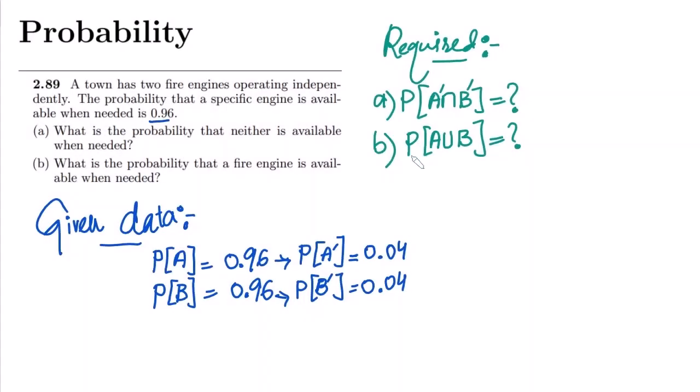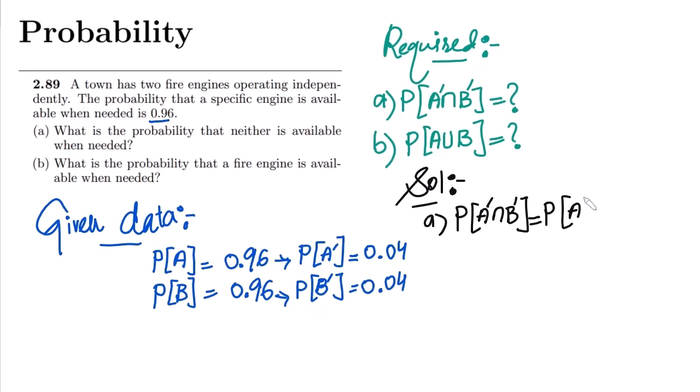So this is what is required in part B. Okay, so now let me solve them. This is the solution, and in solving part A of our question we have here the probability of A complement intersection B complement, and we can very clearly see that as both of the events are independent of each other, so therefore in order to find the intersection of them we can multiply their probabilities as well. Okay, so it can be written like this.